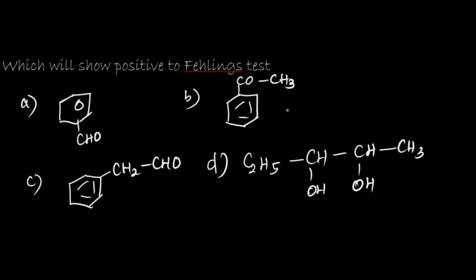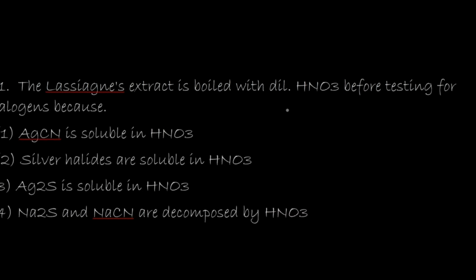So which will give positive to the Fehling's test? Fehling's test is mostly given by aldehydes, and we do have two aldehydes over here, A or C. Obviously, benzaldehyde will not undergo Fehling's test. We have talked about that, which makes option C the right answer.